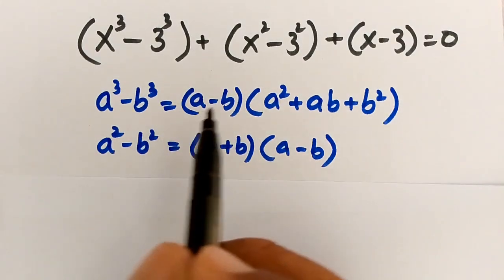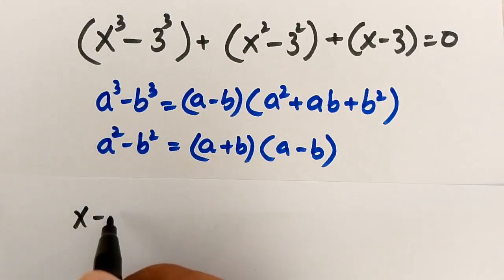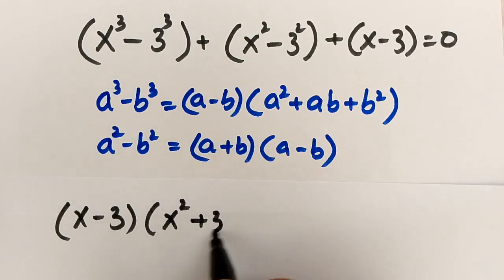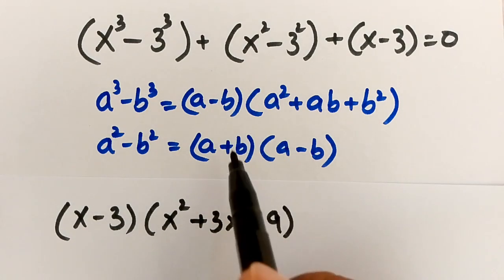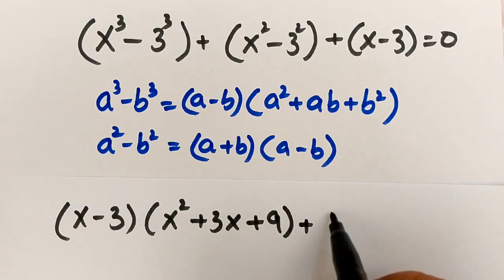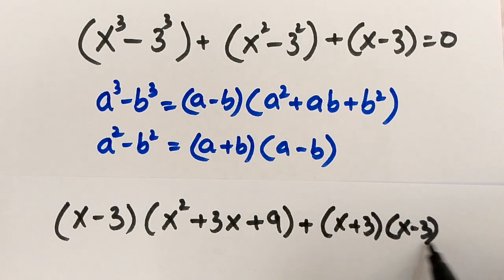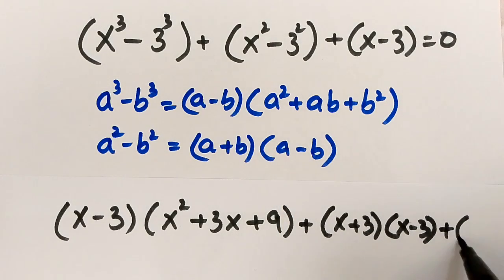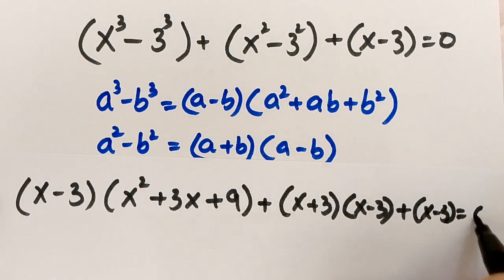Now, applying these identities, this will become x minus 3 times x square plus 3x plus 3 square, which is 9. And plus x plus 3 times x minus 3, and plus x minus 3, which is equal to 0.